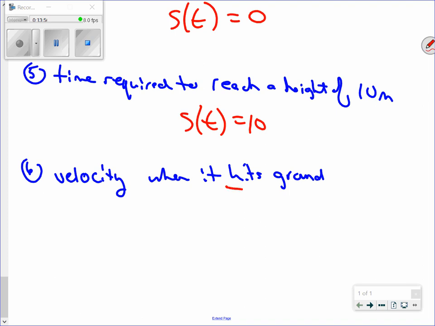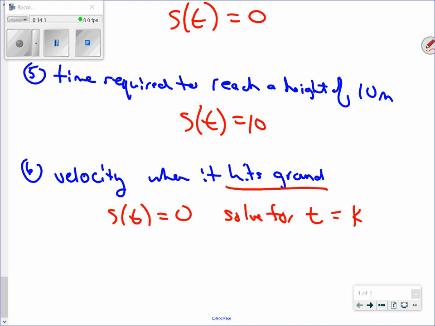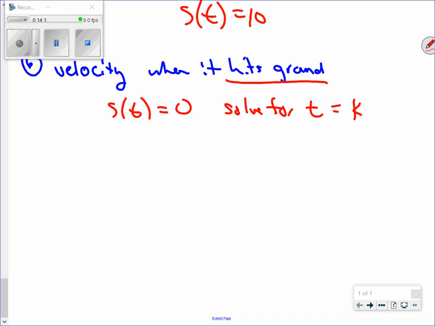Well, the first thing, you have to figure out when it hits the ground. So you're going to take the position function and set it equal to 0, and you're going to solve for t, some specific value of t. So I'm going to say t equals 10. Some specific number. You're going to get that number, and then you're going to take the velocity and plug in that value. All right? So sometimes you got a little bit of a two-step thing going on.